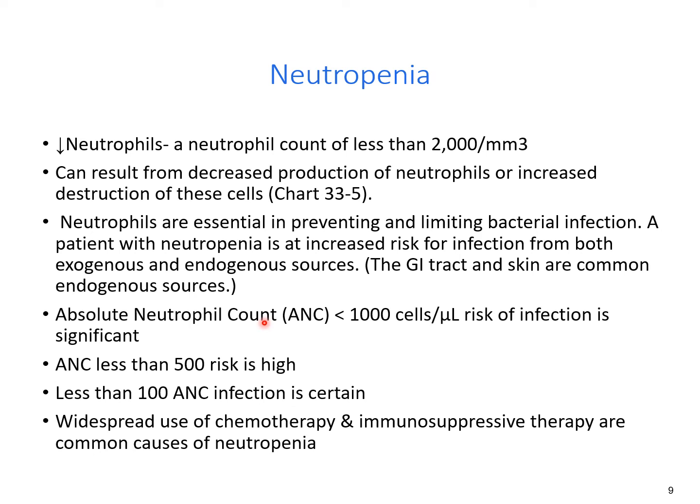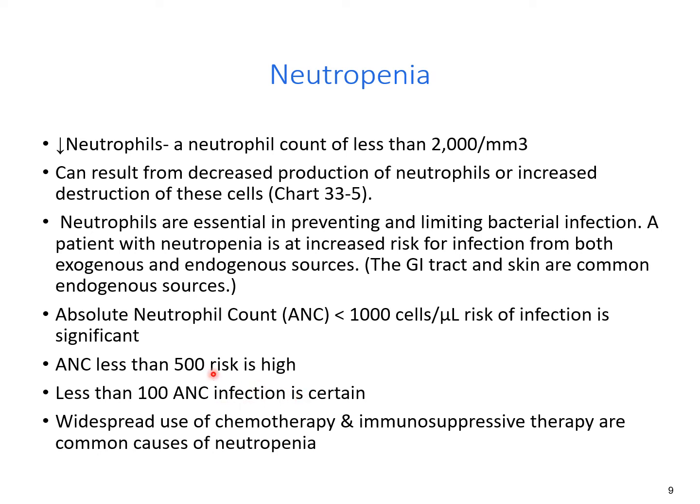All right, so we're worried already if our neutrophil count is less than 2,000, right? In order for it to qualify as neutropenia, our neutrophil count is less than 2,000. Well, are they going to get an infection or not? If our ANC now is less than 100, for a fact they have that infection.